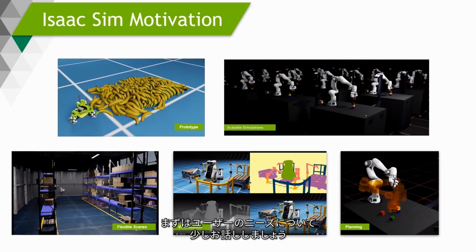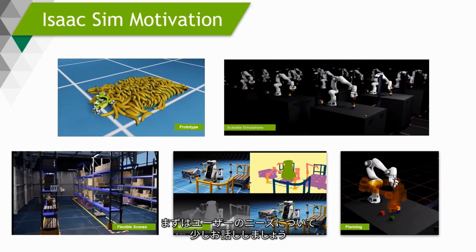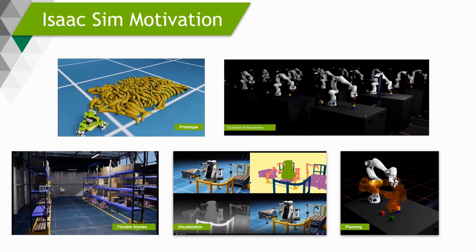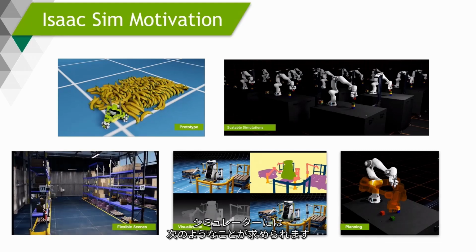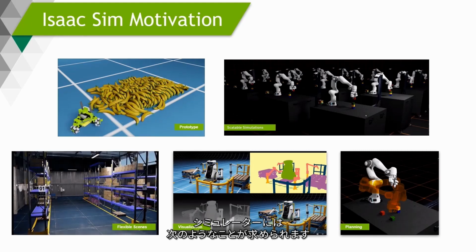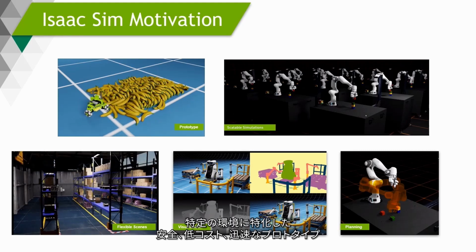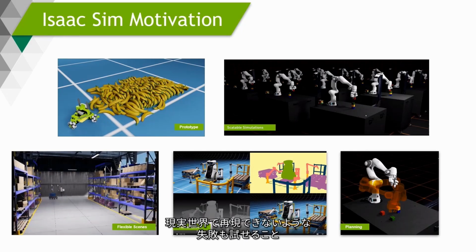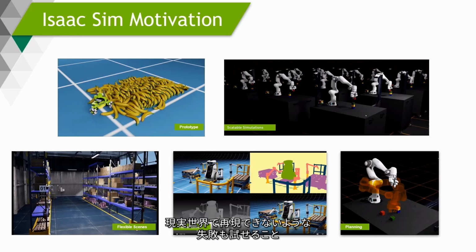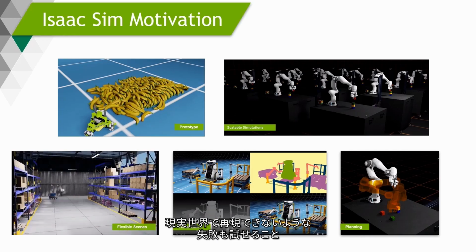To start, let's talk a little bit about what we want out of a robotic simulator. Building a robot is hard and expensive, and what a simulator ideally should allow us to do is to quickly, safely, and cheaply prototype robots and the environment that it's in. It should allow us to make mistakes that we can't afford to in the real world.